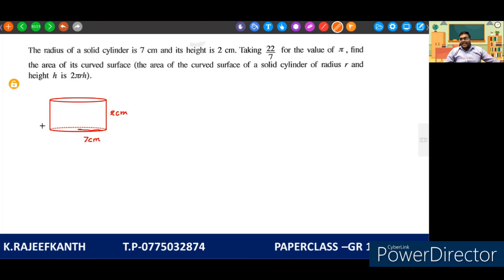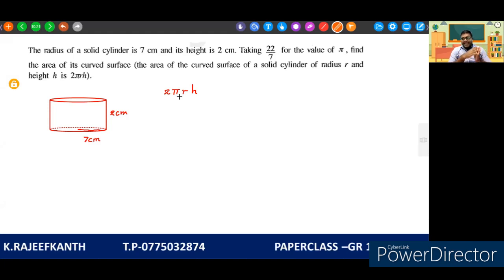Now we have to find the curved surface. If the radius of this cylinder is r and the height is h, then we can write this curved area as 2 pi r h.